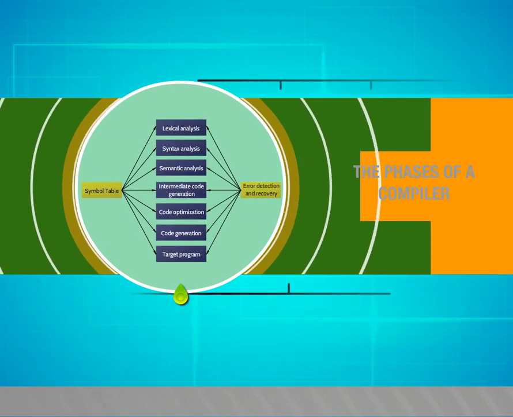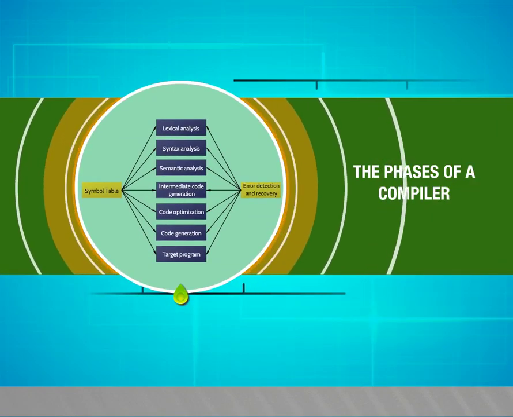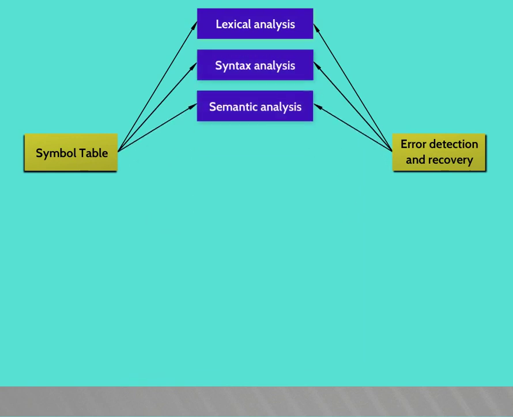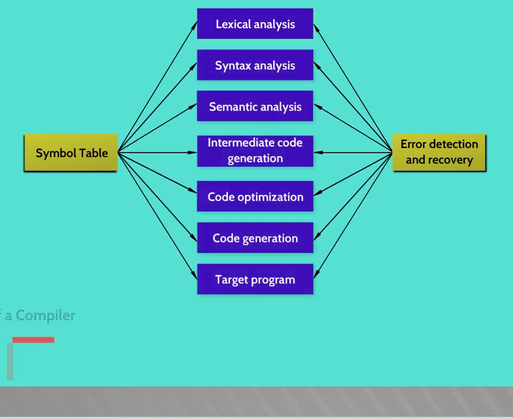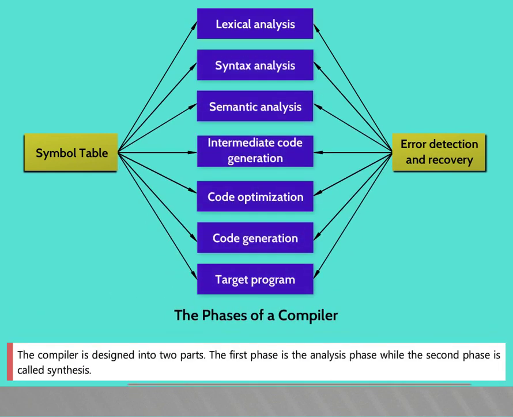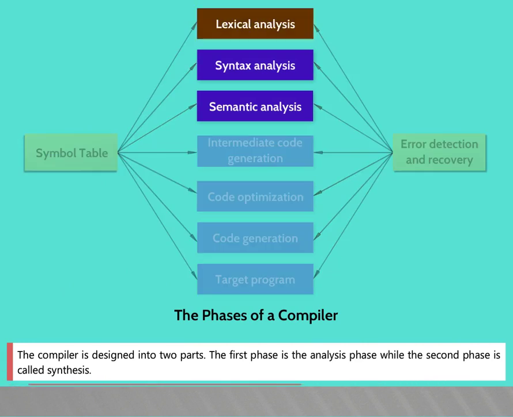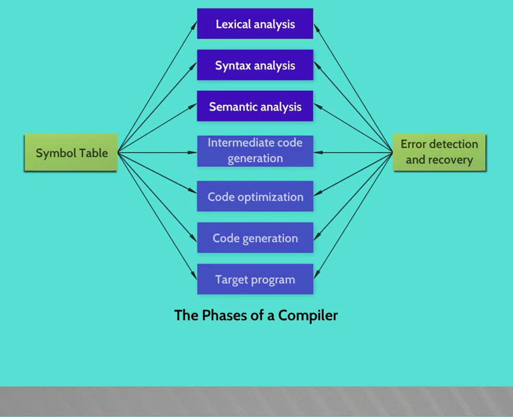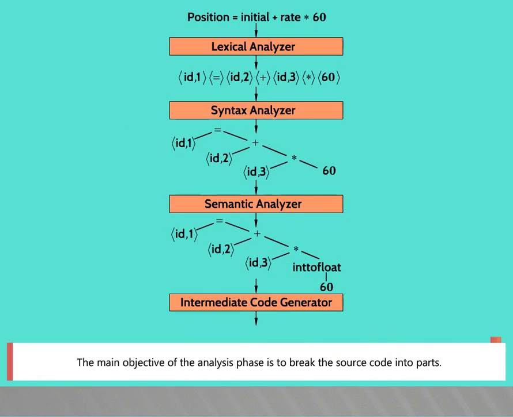The phases of a compiler. In this video, we are going to see about the phases of a compiler. The compiler is designed into two parts. The first phase is the analysis phase, while the second phase is called synthesis. The main objective of the analysis phase is to break the source code into parts.